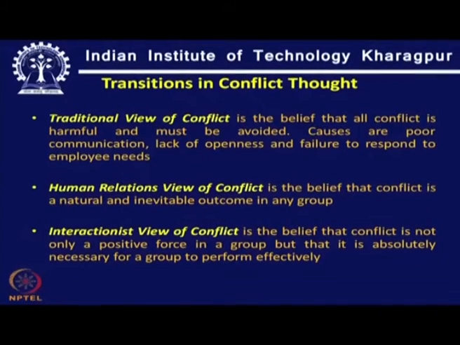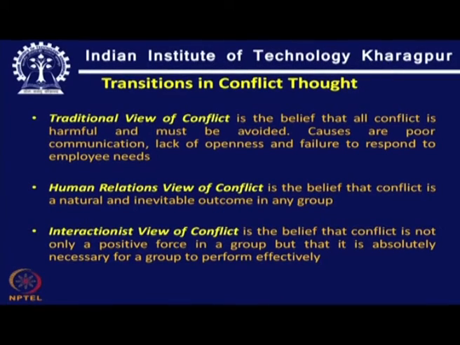Next is the human relations view of conflict, which is the belief that conflict is very natural and an inevitable outcome in any group, because it stresses the level of individual differences present between the members of a group, within a group, or between groups.